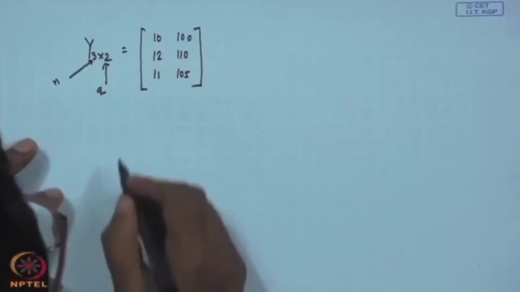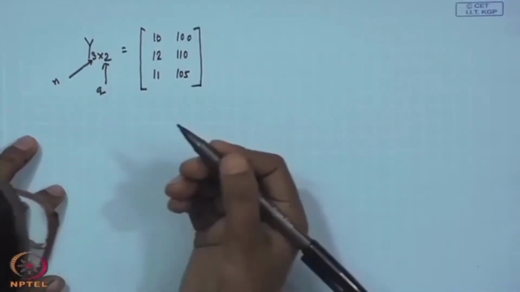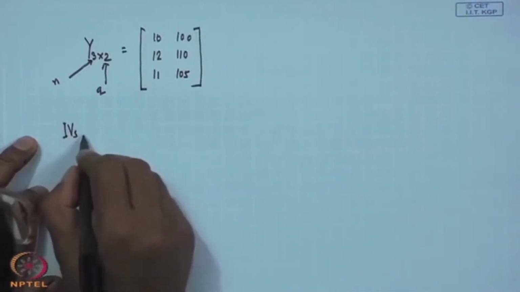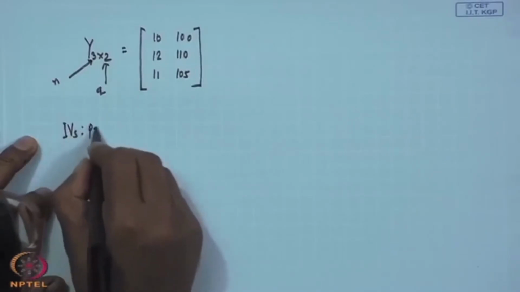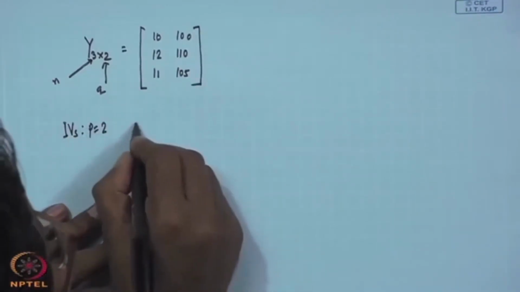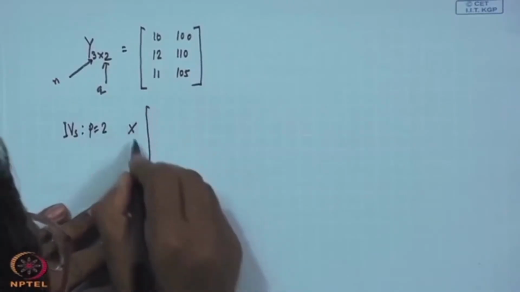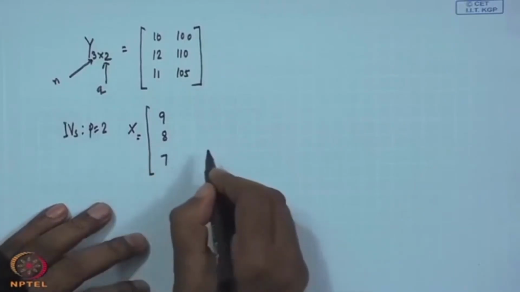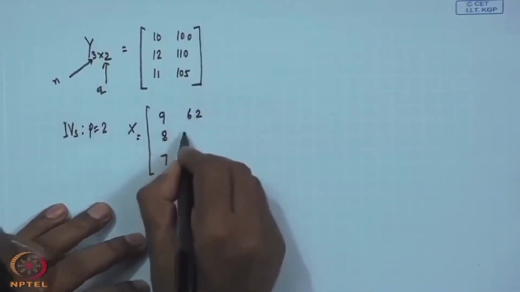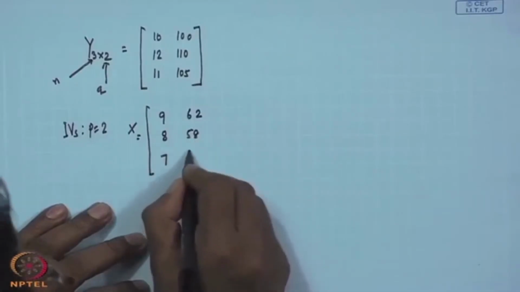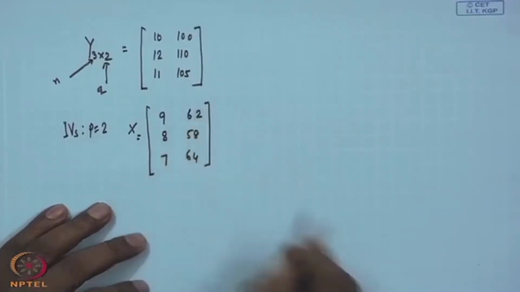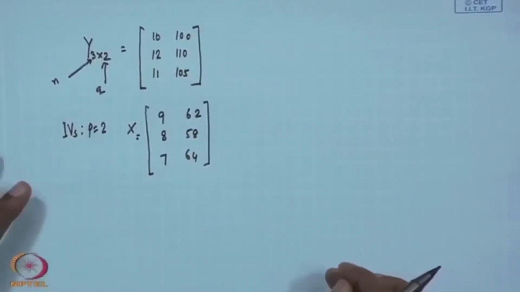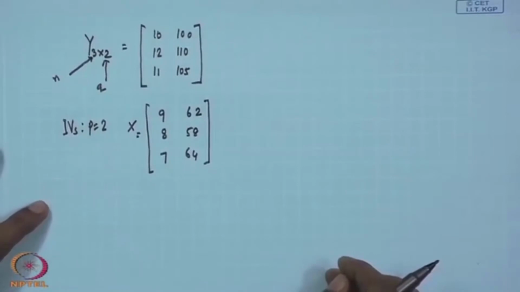Let us consider two independent variables also, so I can say that p equal to 2. In that case, the data matrix may be like this, where 9, 8, 7, and 62, 58 and 64. These are nothing but the first 3 observations for the statistical example we have given earlier.